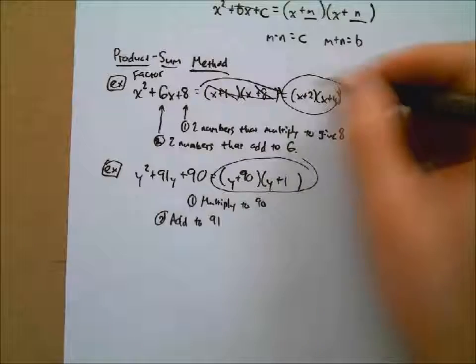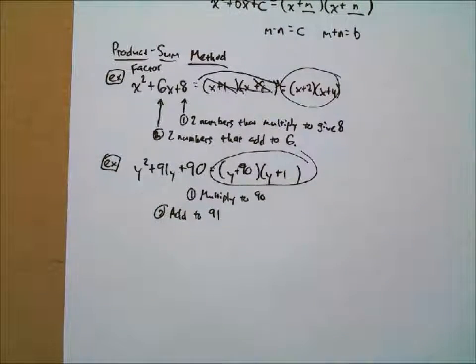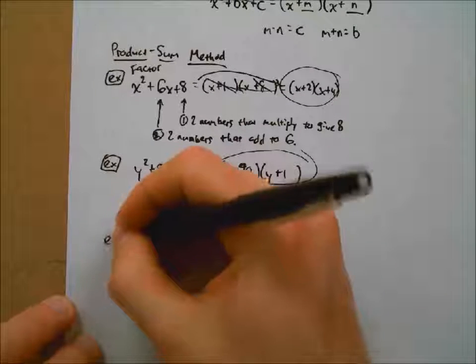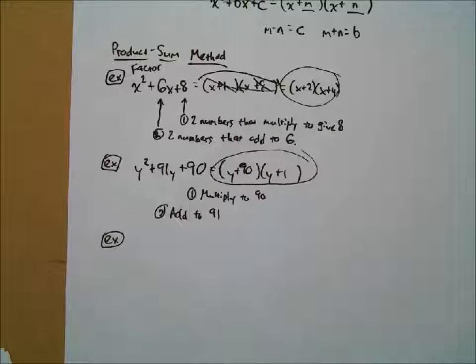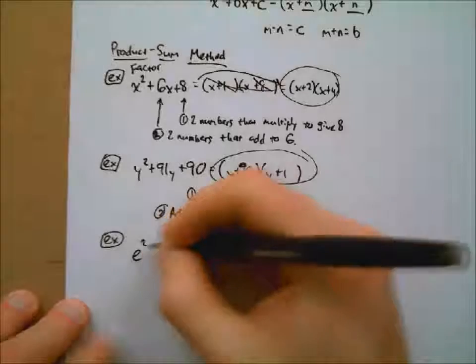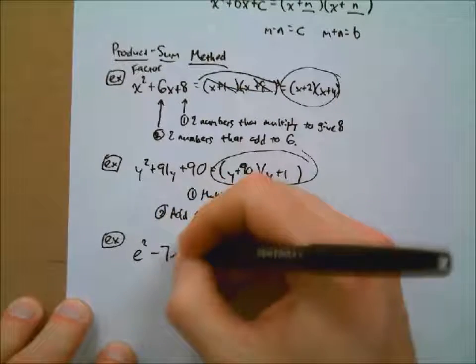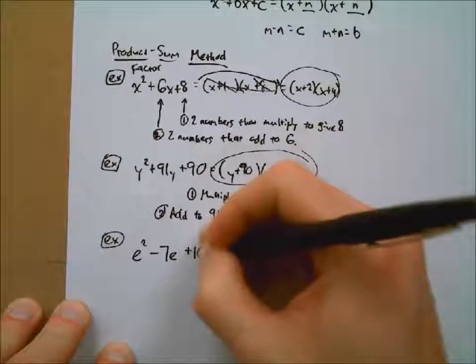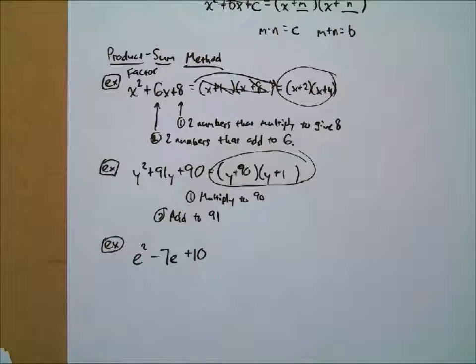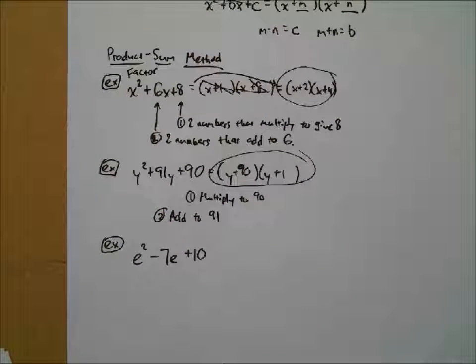All right, let's try another one here. e squared minus 7e plus 10.